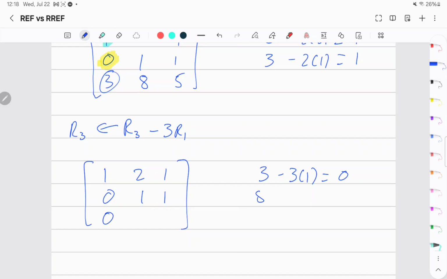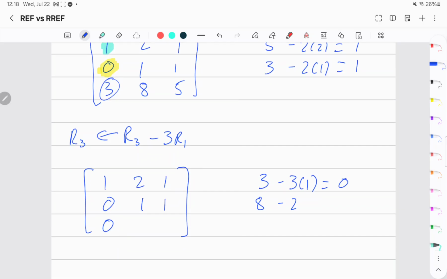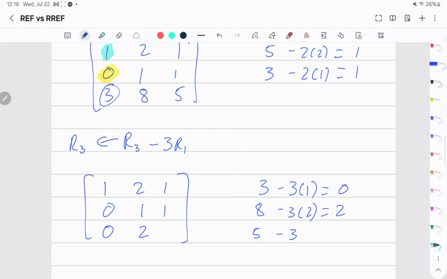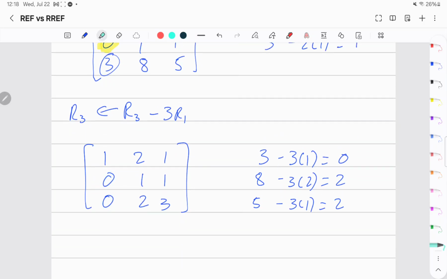Similarly, it's 8 minus 3 times 2, which is 8 minus 6, which is 2. And then 2 comes here. Similarly, it's 5 minus 3 times 1, which is 5 minus 3, which is 2 again. And boom, now you see one of the pivot points, which is 1 itself, having both the zeros below it.